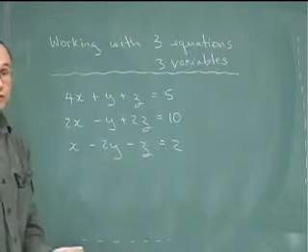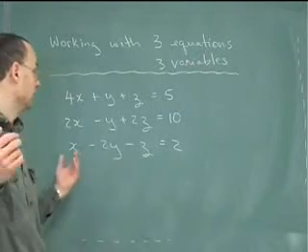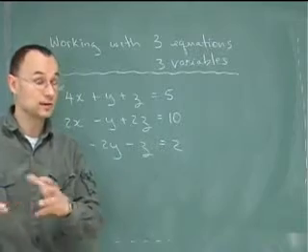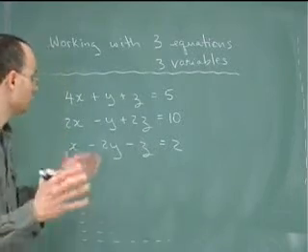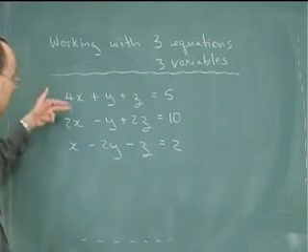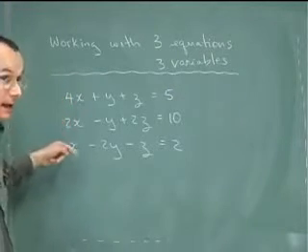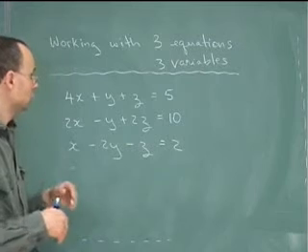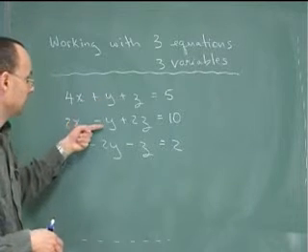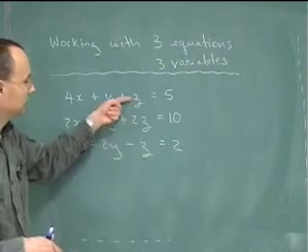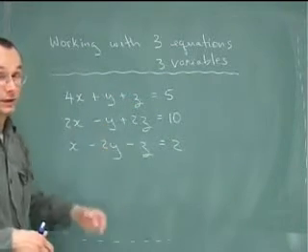What we're going to try and do is use elimination and reduce this so that we have two equations with the same two unknowns. So what I do first is I look at my x's, and I see there's a 4x, a 2x, and an x. Then I look at the y's. I have a positive y, a negative 2y. And then I look at my z's, where I have z, two z's, and negative z.